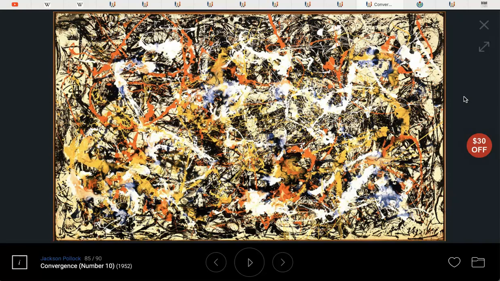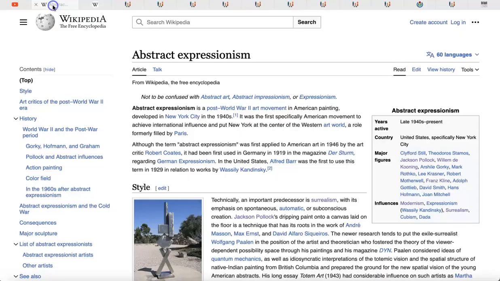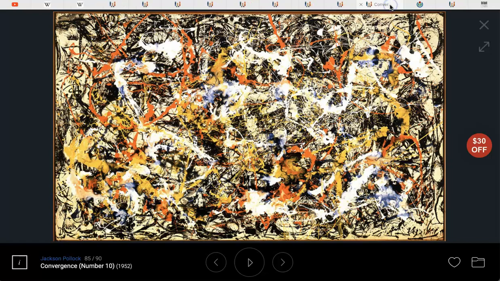And is that the point? Is that by design? Kind of like when you look up something like abstract expressionism and you find all kinds of articles and you read through them, and after you're done reading, you still don't feel like you've learned anything. That's how I feel about this.